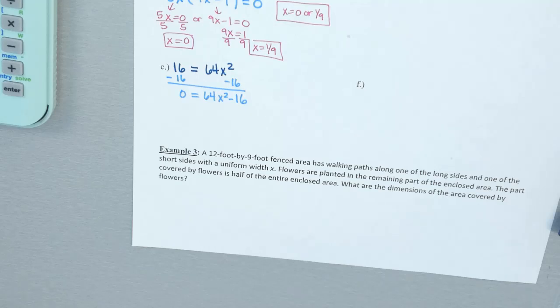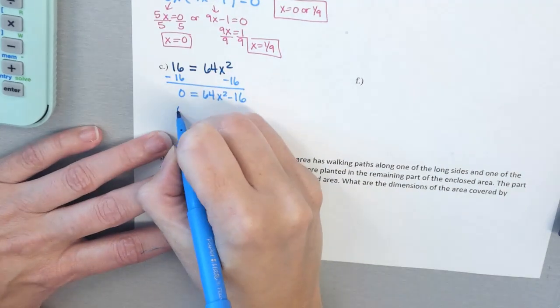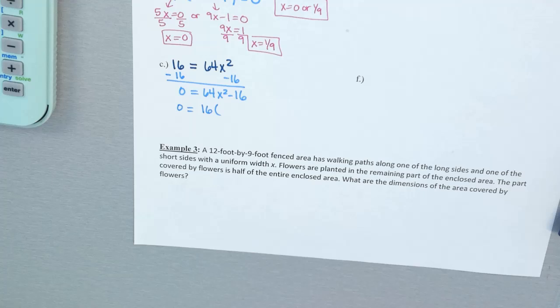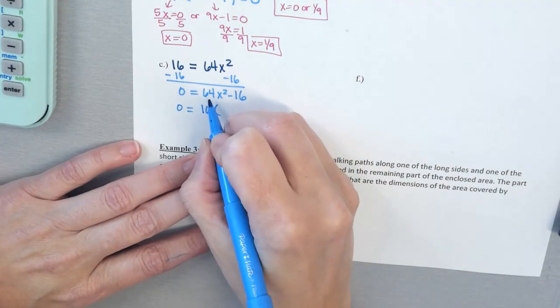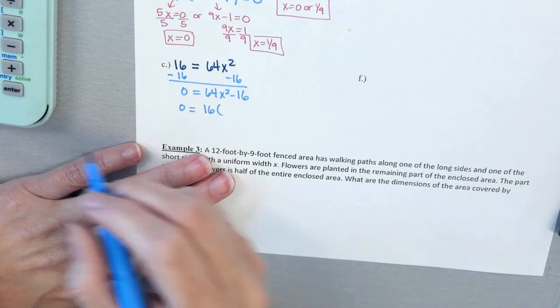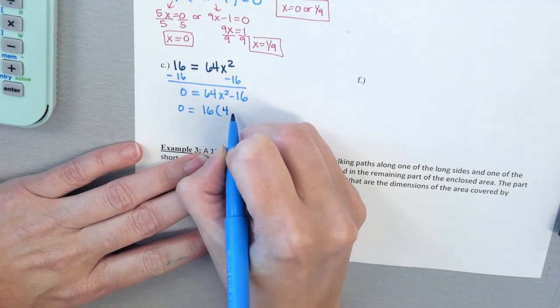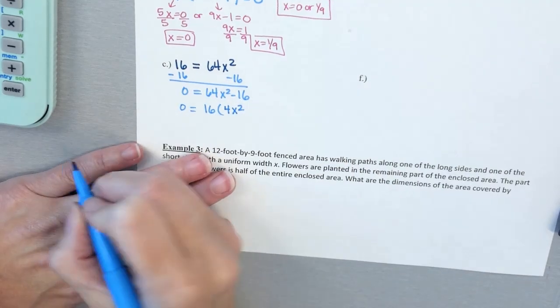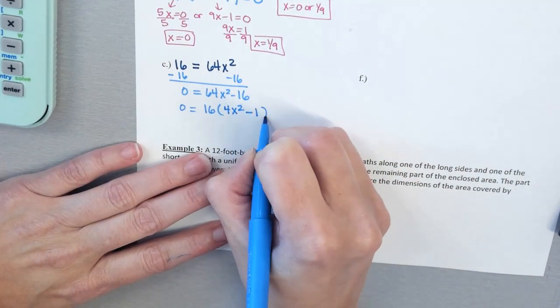Okay, so Sam, what was your GCF that you found? Good. So if you have 16, I can't take out the x's here because the second one doesn't have an x. So I'm just going to divide. 64 divided by 16 is 4. So I have 4x squared. Negative 16 divided by 16, negative 1.